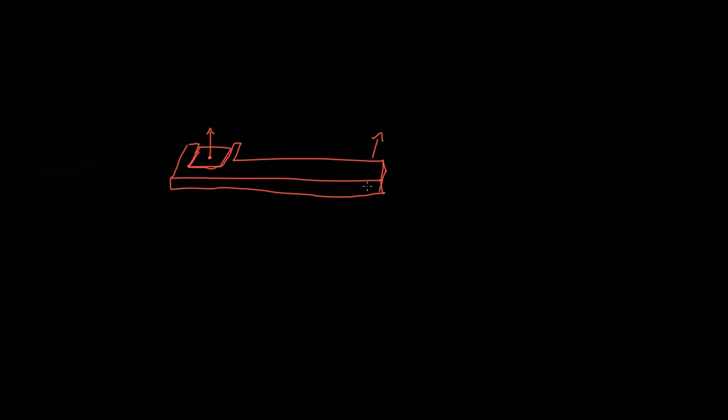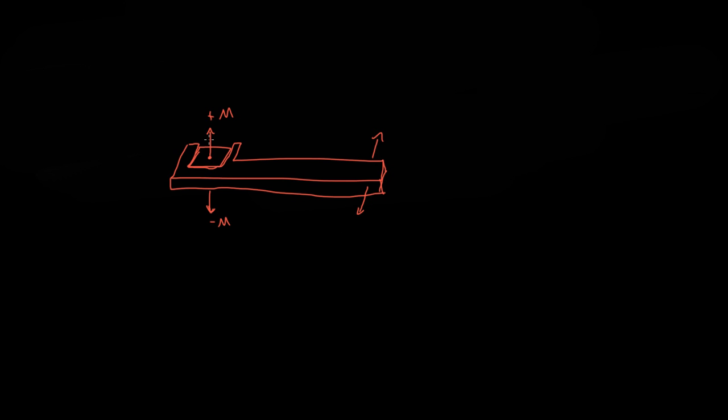And if we rotated it the other way, it'd go straight down. So when it goes straight up, it's positive. When it goes straight down, it's negative. So this represents positive, and this represents a negative moment.